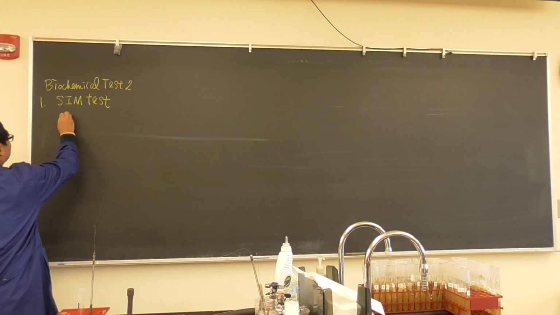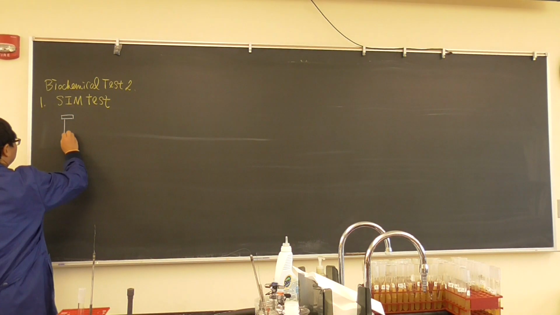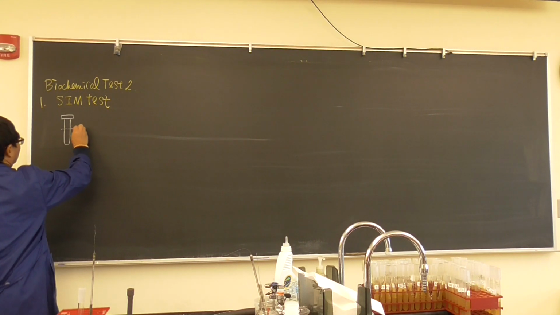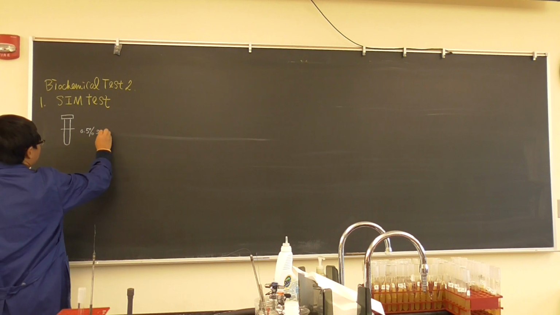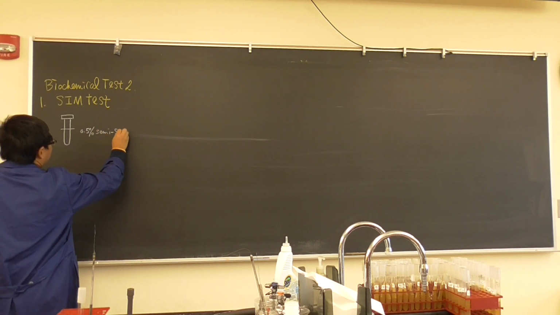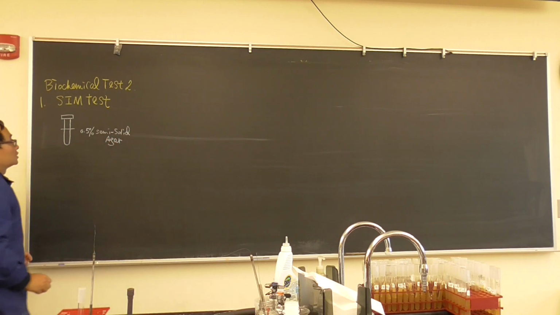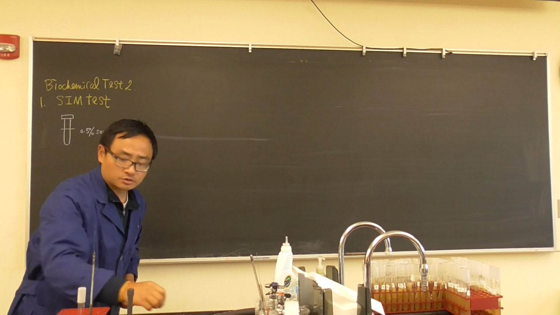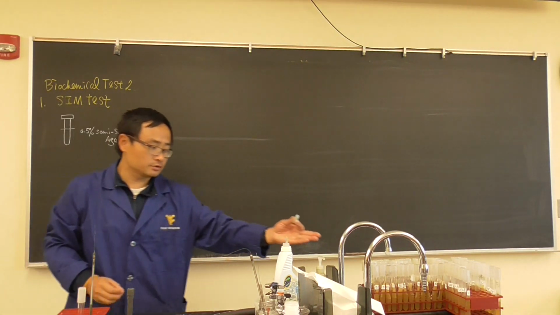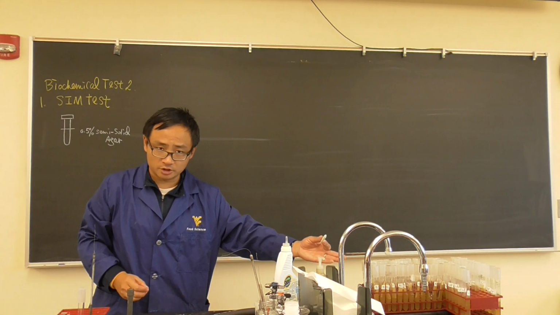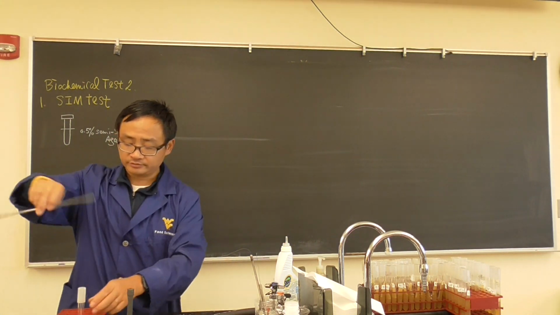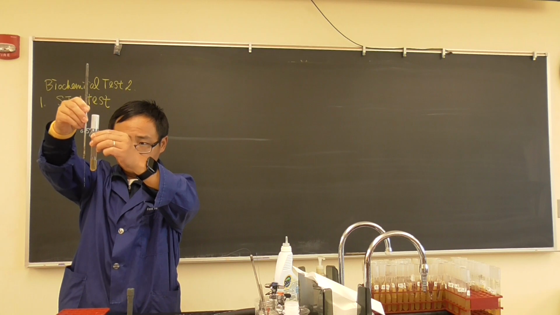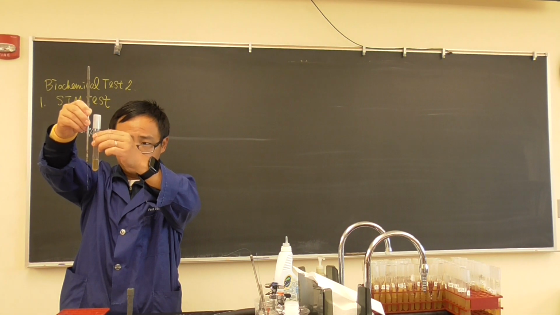So how do we do this? You will get 0.5% semi-solid agar. And what you will do is, using a stab loop, touch the culture and then go down all the way to the bottom, right in the middle, and take it out.